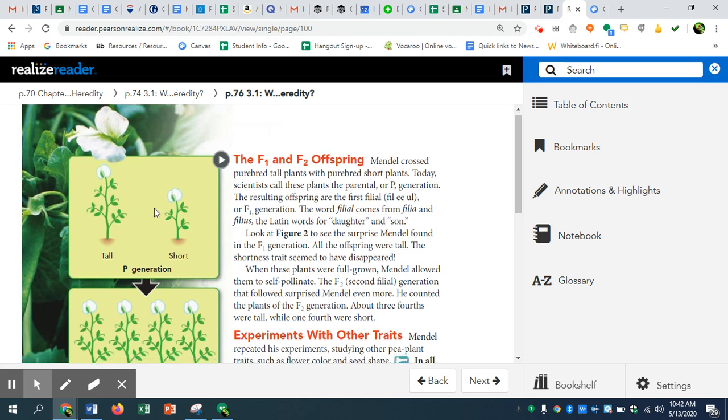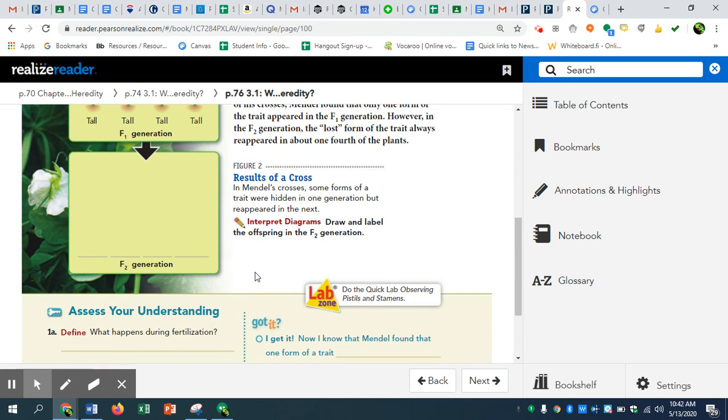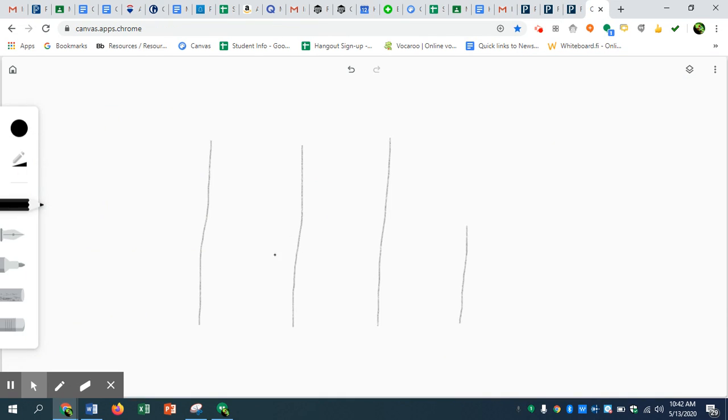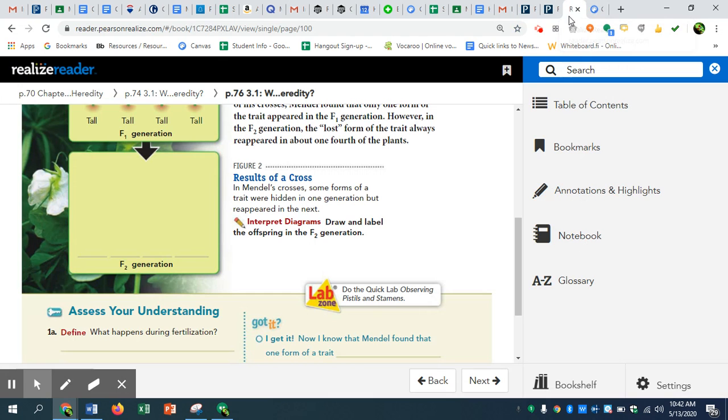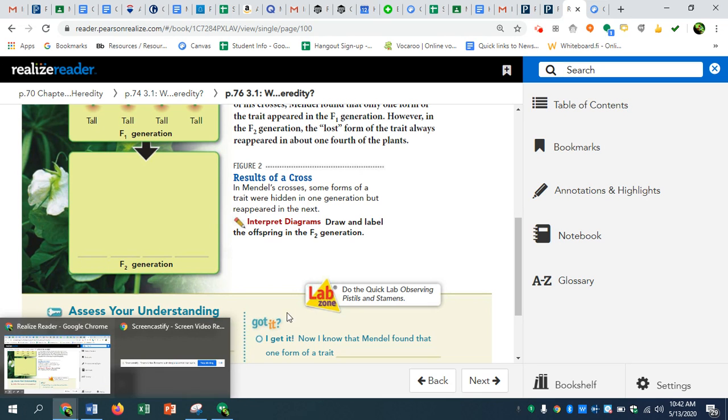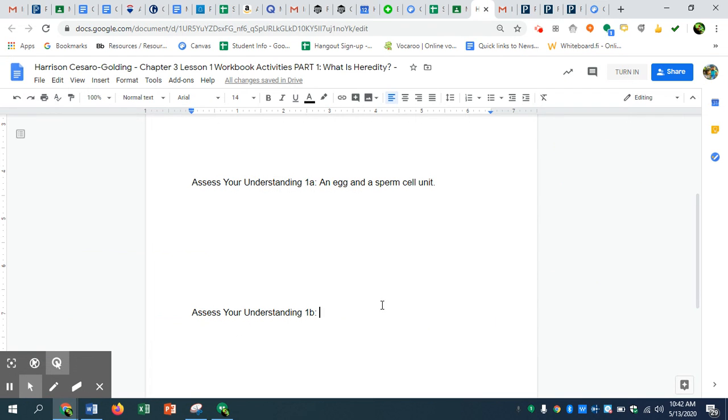In the F2 generation, remember our picture, the trait that disappeared in the F1 reappeared here, in the F2 generation. So how was it different? Okay, so what you're going to write was some F2 plants were short. Simple as that.